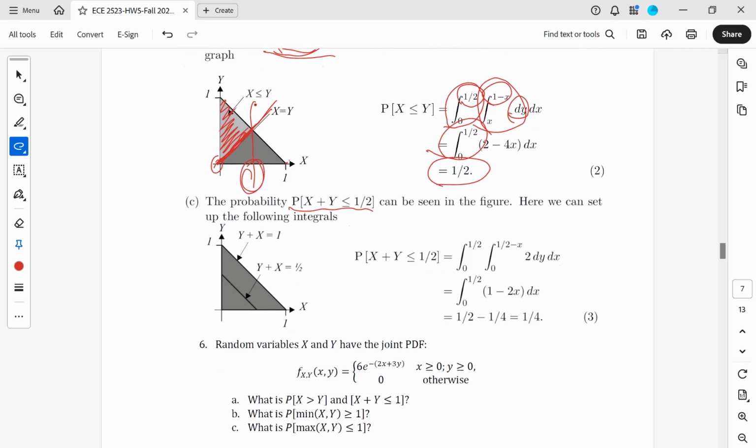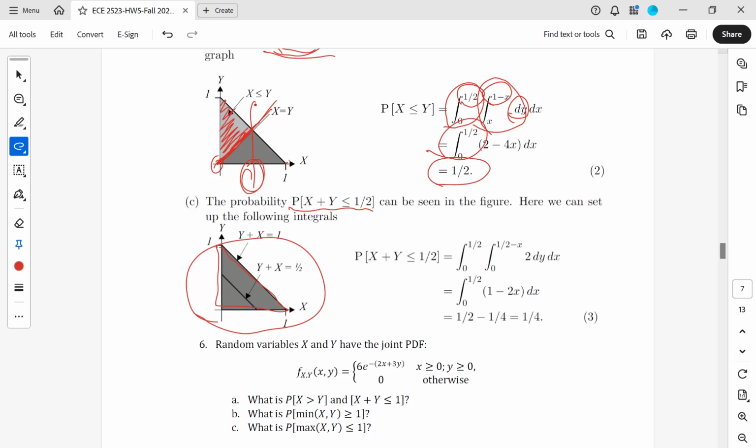The next part wants us to calculate the probability of another event when x plus y is less than 1/2. Again, we could do the visualization. This is the range of our x and y based on the PDF's range for x and y and the condition that we had.